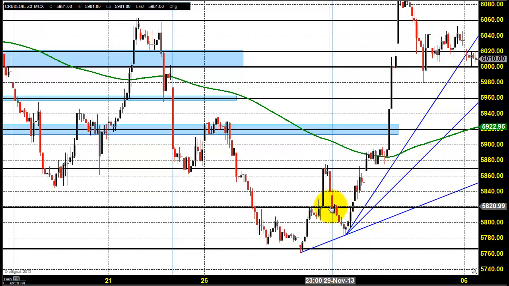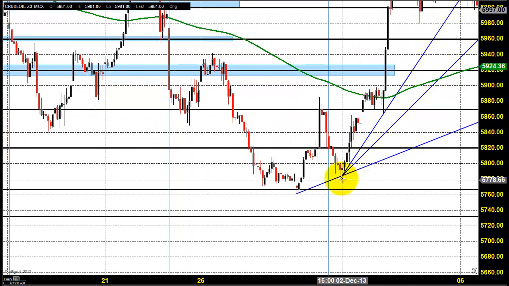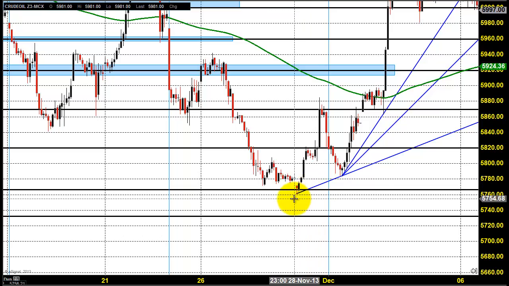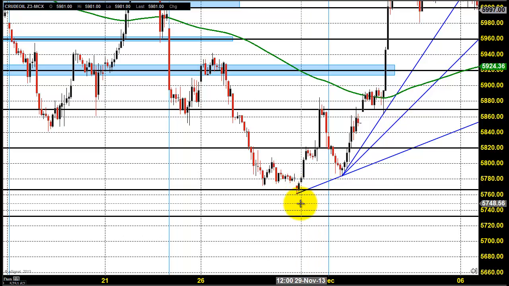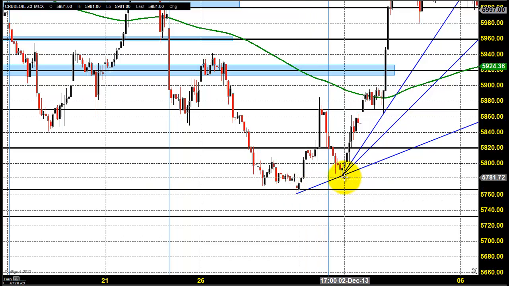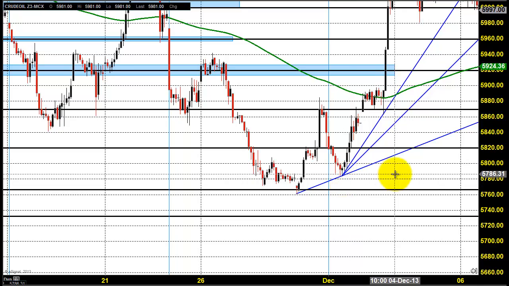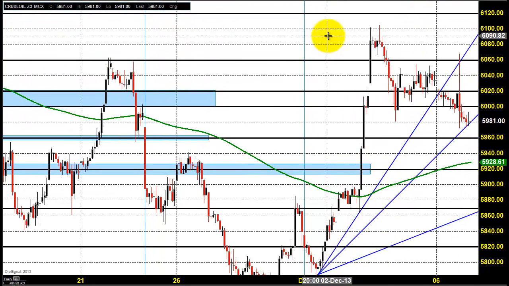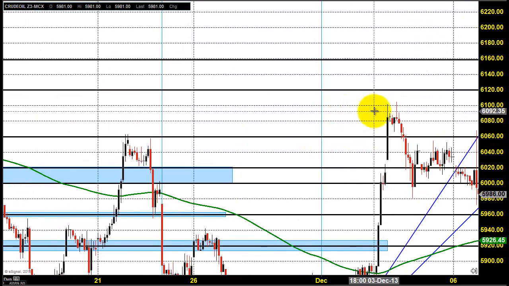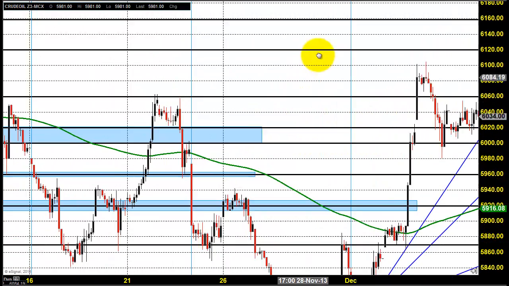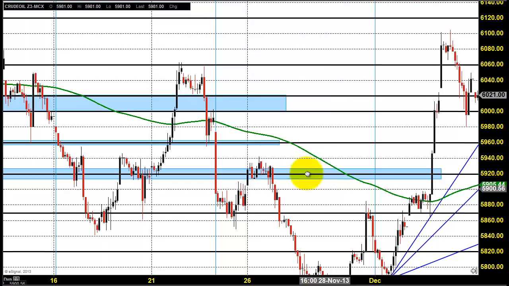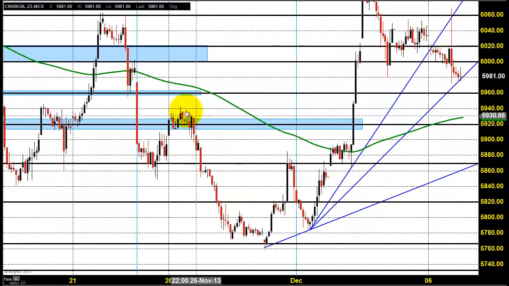So the opening, if you see, was comparatively lower, but the price could not create a new low compared to the previous week's low. The previous week's low was near 5,760. The price could not create a new low. Then the high: the previous week the price had created a very big high, 6,100. Now the price was not creating a very big high; it was around 5,940.